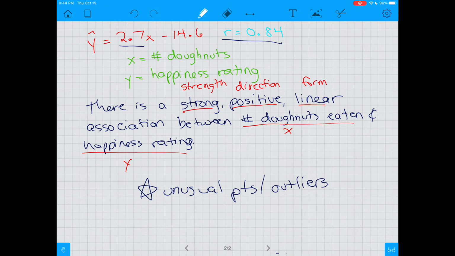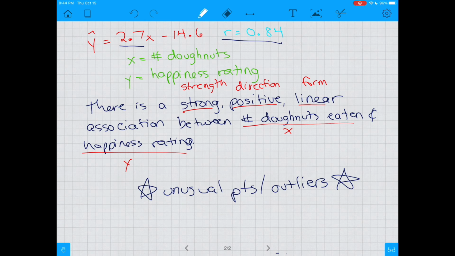We will talk more next time I see you guys, probably Wednesday next week, about how to determine whether or not something is an outlier, because unfortunately with regression, it's significantly more difficult to determine that. It's not as easy as with a box plot or a histogram. So if there is one data point that's really far away from the rest of them, we do want to mention that it is there, right?